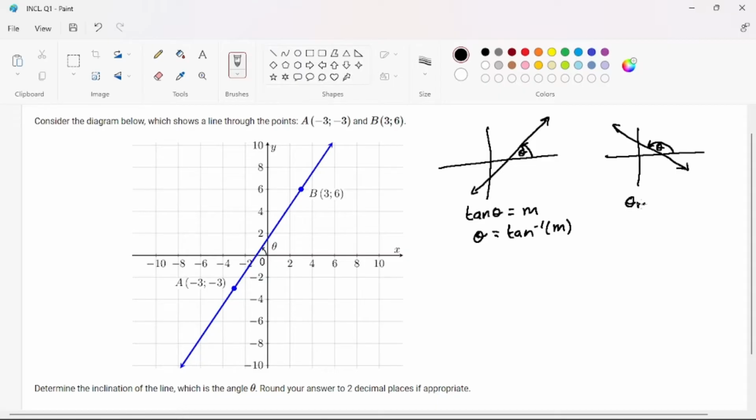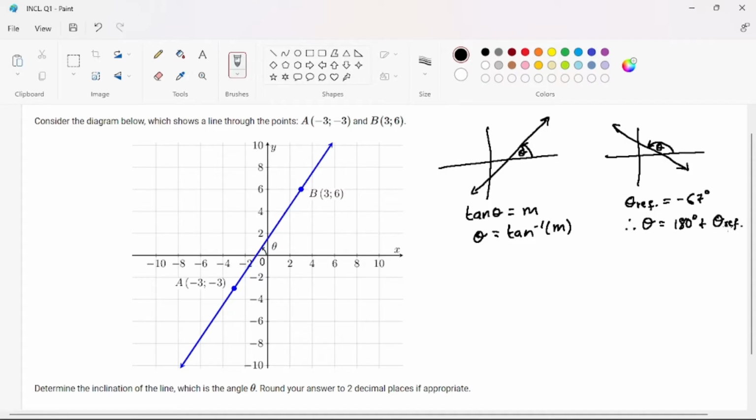So let's say you are going to have a negative angle, let's say negative 67, right? Then your final answer, you are going to say theta equals 180 plus your reference angle, right?